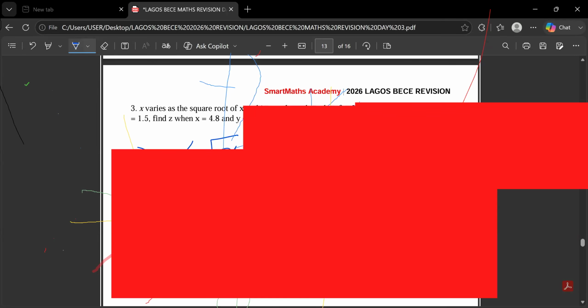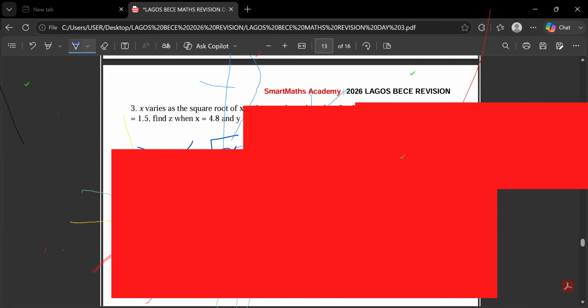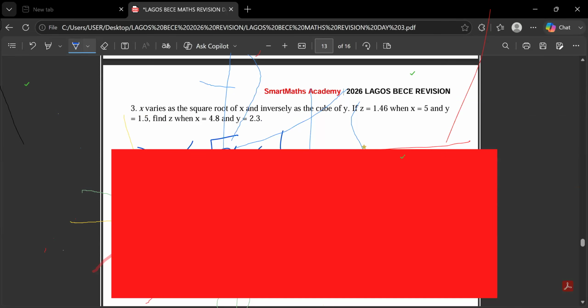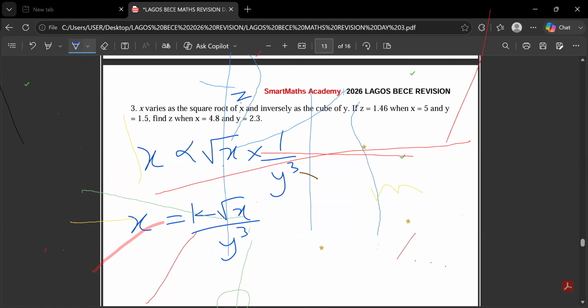So if z is 1.46 when x is equal to 5 and y is equal to 1.5, find z when... this is not x, this is z. Can you see this is z?